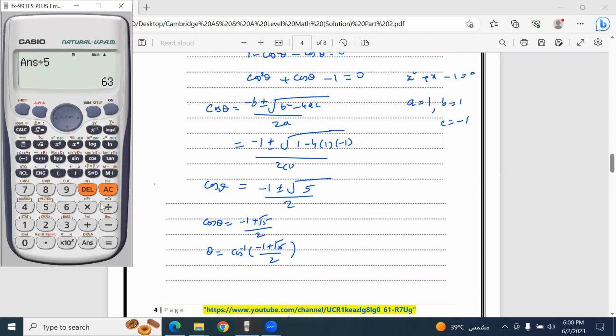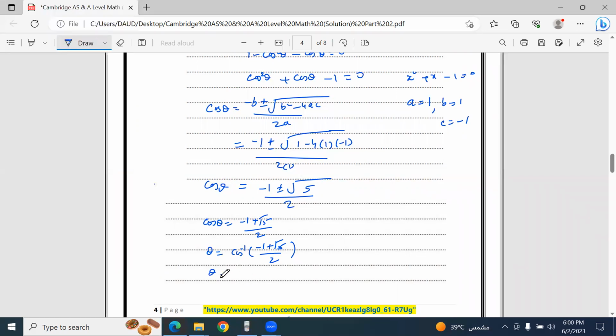So we can check in the calculator. Shift cos, minus 1 plus square root of 5 over 2, bracket close. That gives me 51.8, theta equals 51.8.